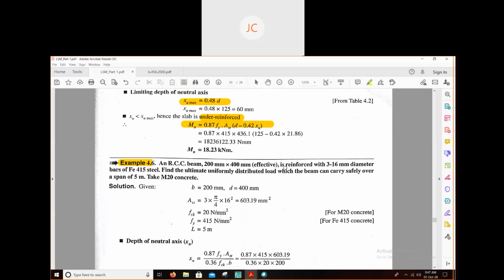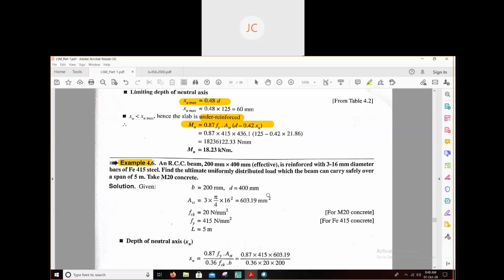This is the formula. Anyone got the answer?